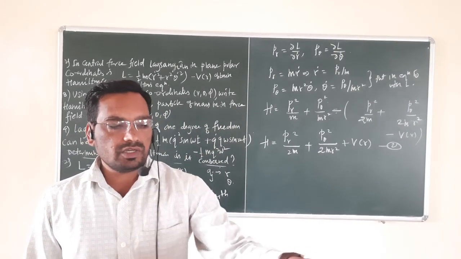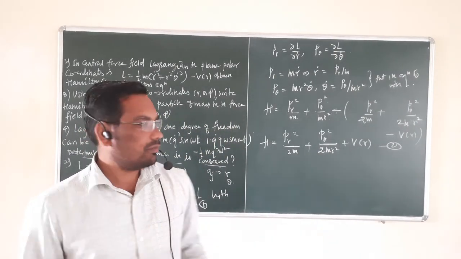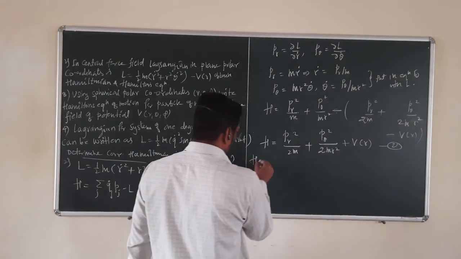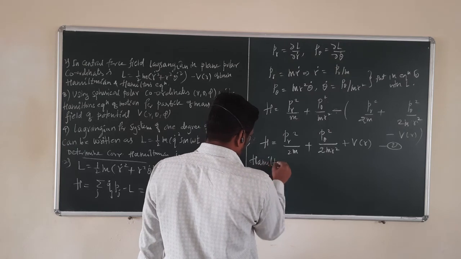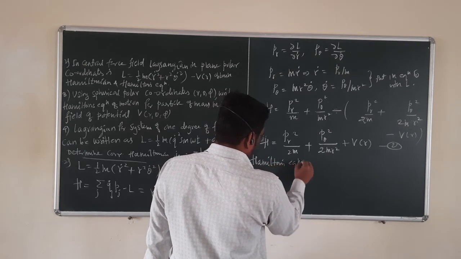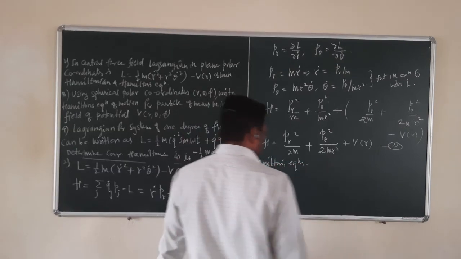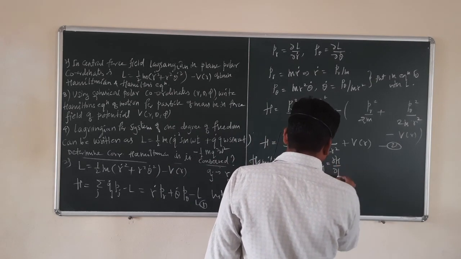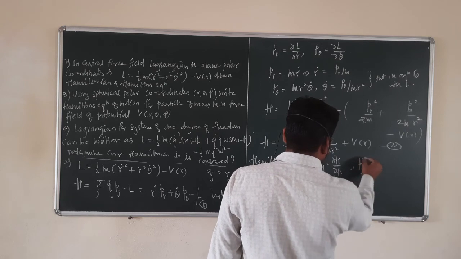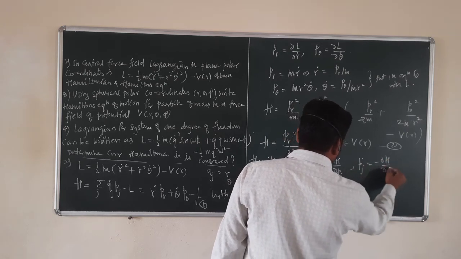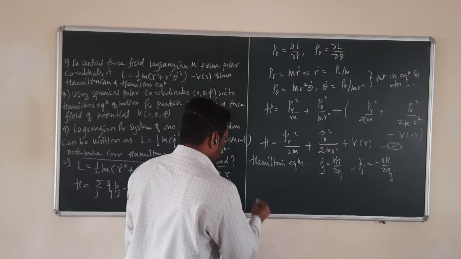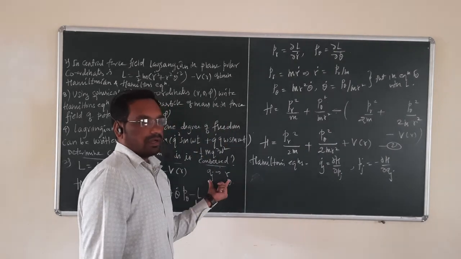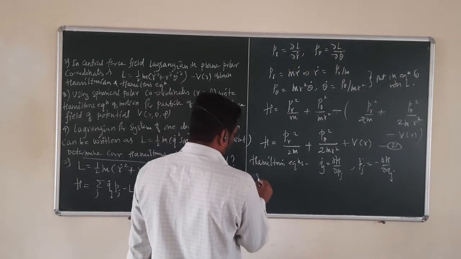Now we are moving to Hamilton's equations. What are Hamilton's equations? First of all, we know that qj dot is the partial derivative of H with respect to pj, and pj dot is minus the partial derivative of H with respect to qj. So here we have four Hamilton's equations since we have two generalized coordinates. The first equation is for r dot.